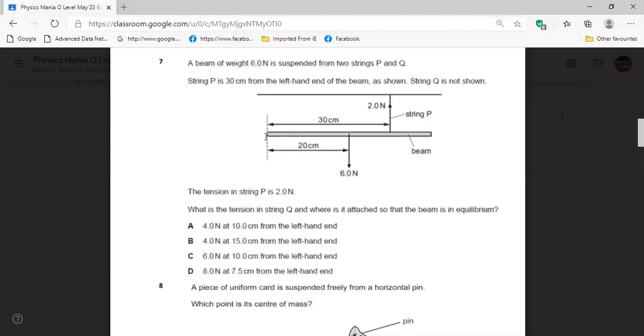No. Okay, so we have to think that if the center point in the middle is the pivot, then from here the distance or the force, whatever we are calculating, the moment is zero here, right? As the position of the pivot is here, 6 Newton multiplied by zero, then the moment here is zero, right?